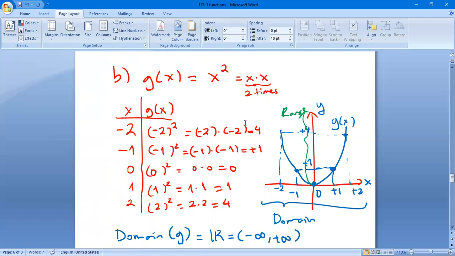Now, the second part of the question is the domain and the range of this function. Well, domain is what? If we project this graph onto the domain axis, we will get the domain. So look at the projection. Now, we can plug any negative number, any positive number, and that's going to give us some positive number. Taking the square of a number will give us a positive number. If we plug 0, that's the exception. We will get 0, which is not positive or negative.